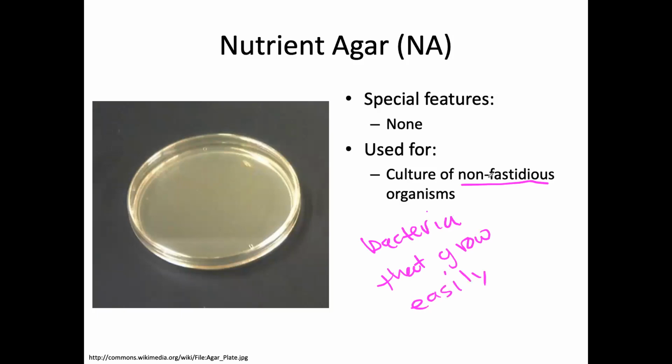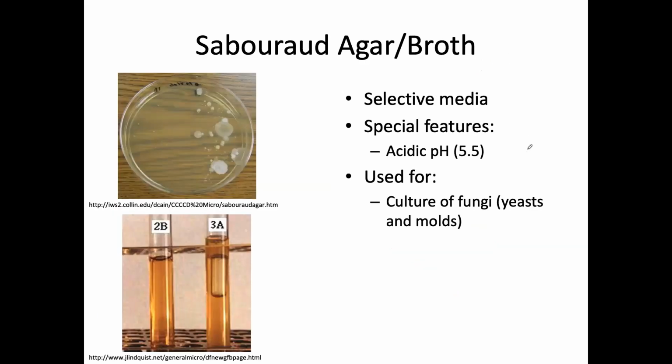Some examples would be Luria broth media or nutrient agar, which are a couple of examples. Sabouraud agar is a selective media. It has an acidic pH and is used to grow fungi, yeast and mold, and not bacteria. That's a special media.